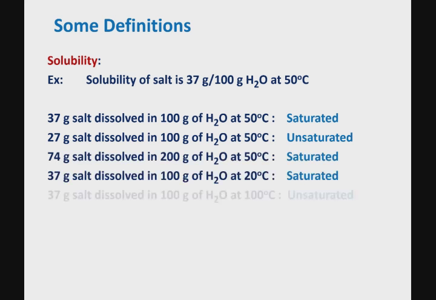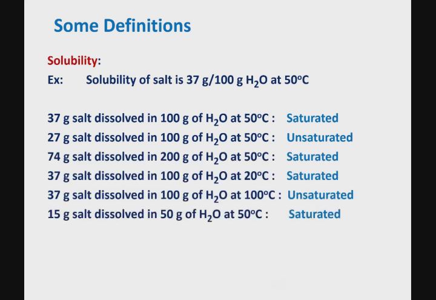So here are some basic idea amounts given at different temperatures for you to try and be able to figure out the difference between the terms saturated and unsaturated. Please remember, terms saturated and unsaturated are based on solubility of that solute in that given amount of the solvent at a specific temperature.